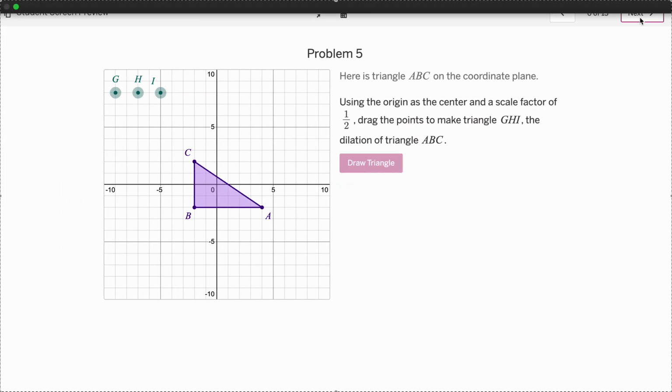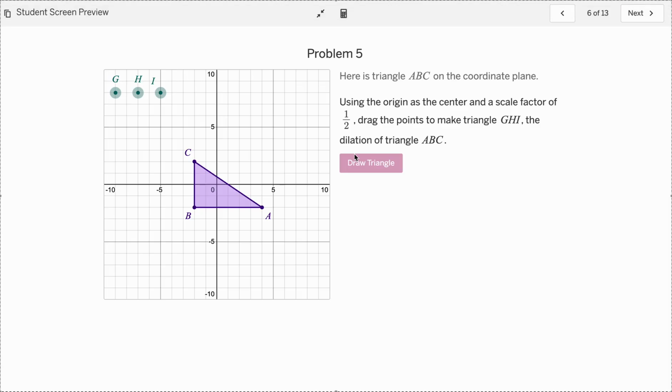Problem 5, now here's ABC, and instead of using 2 as your scale factor, you're using 1/2 as your scale factor. You're doing the same thing, but putting it here. So now instead of going from the origin over 2 up 2, you're cutting that in half. So you're going to go over 1 up 1, which is where then I would go.